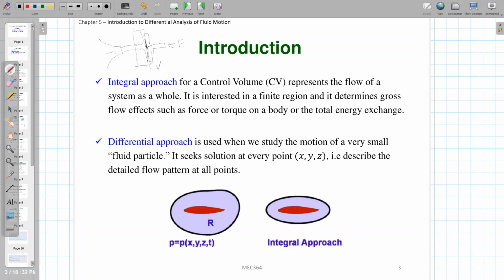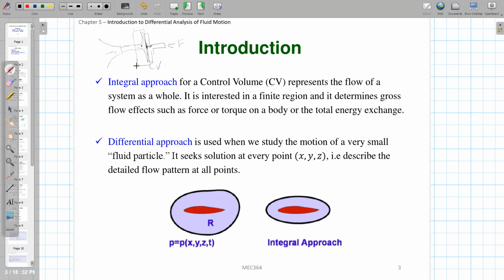We only know what happens at this boundary of the control volume, like the force, how much force is required. But we may also want to know, inside this flow motion, what's the local velocity at this point? What's the local pressure at this point? What's the local density here? You want to know that.